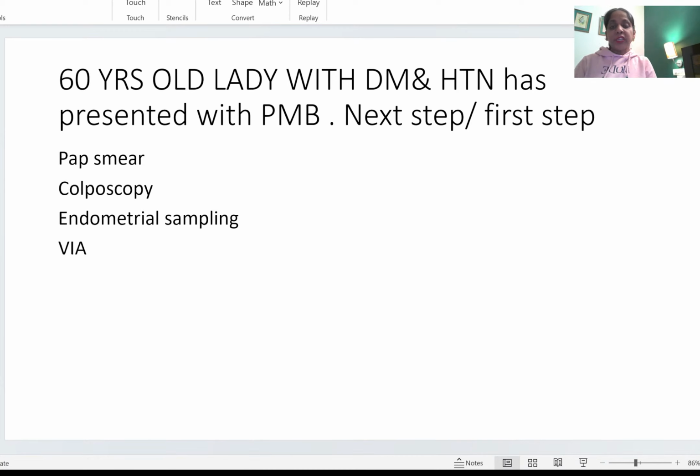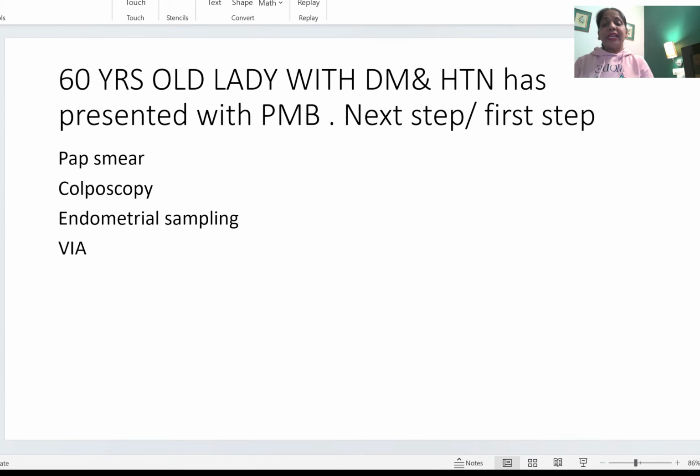The lady has presented to us with postmenopausal bleeding. The most common cause of postmenopausal bleeding in India is CA cervix.